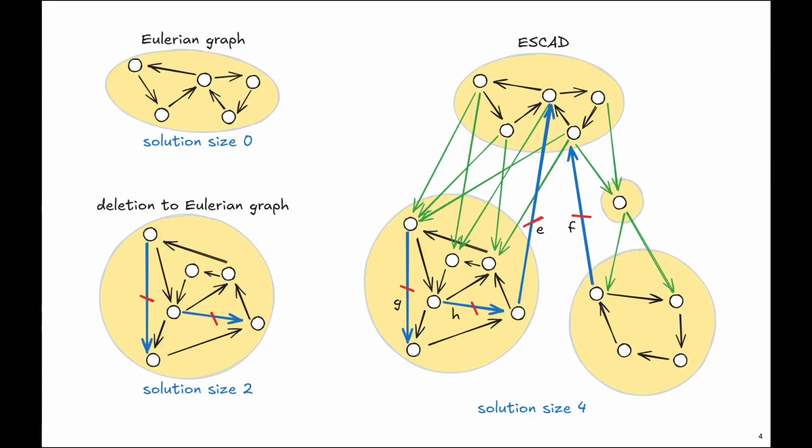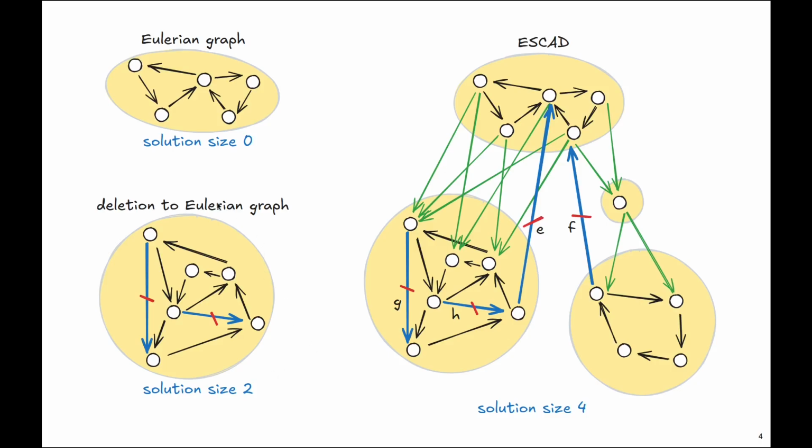To go through a few examples, if you have an input that's Eulerian already, you don't need to remove any edges to make it Eulerian, so an empty solution would be a solution. On the other hand, if you need to remove some edges, maybe you can remove them in a way that the graph remains strongly connected. It will become balanced, but it didn't disconnect any components.